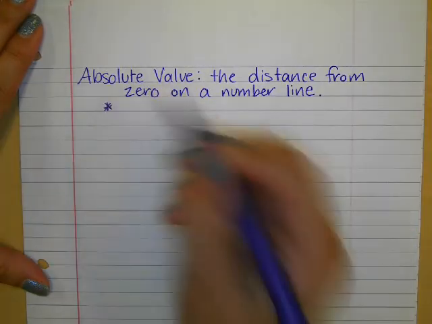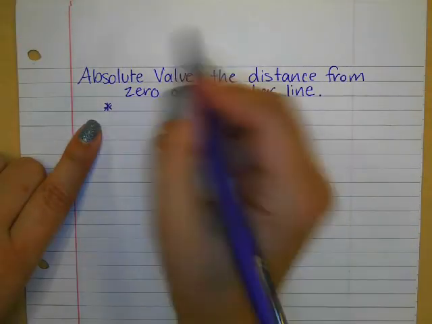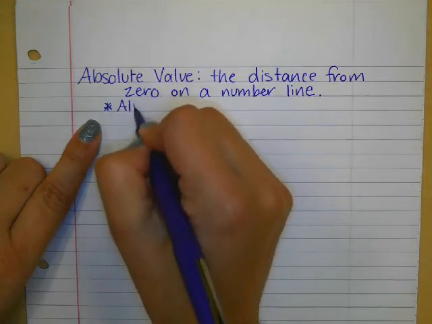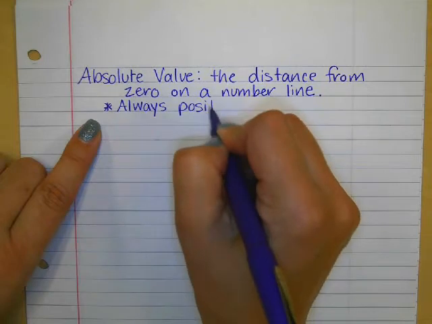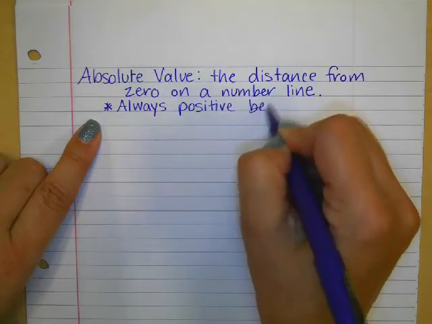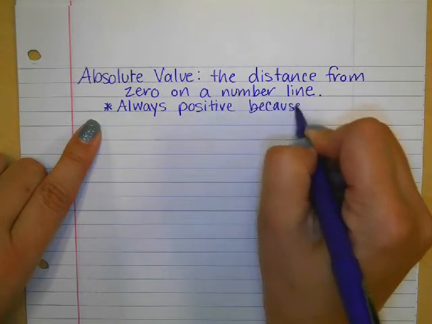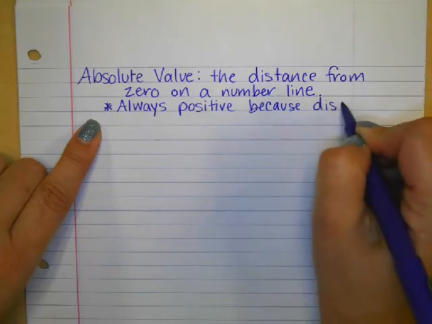Something to note, we'll add a little star there, is that absolute value is always positive because distance is always positive.